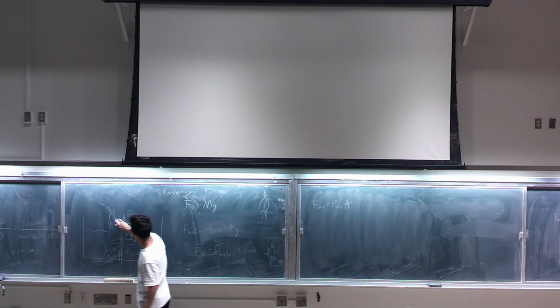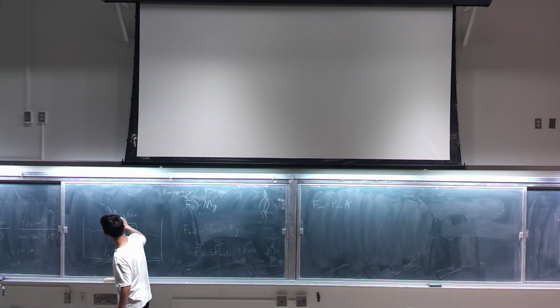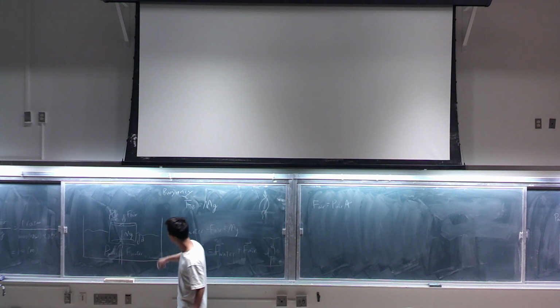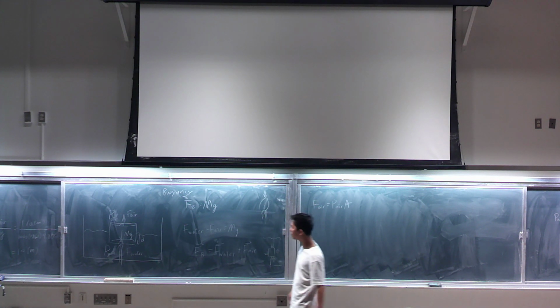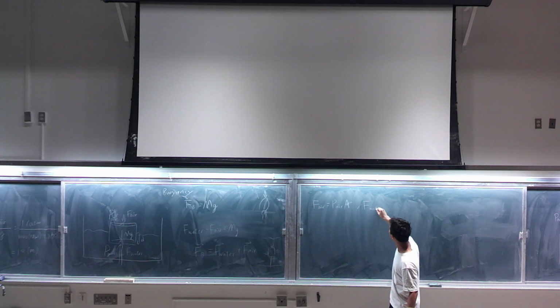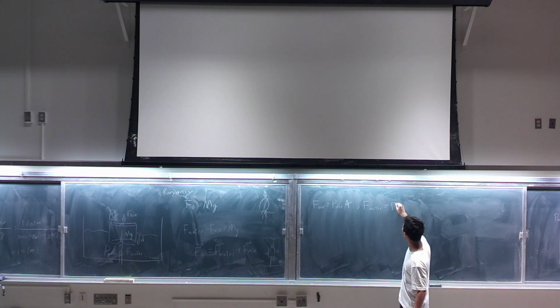This is P air. This is P water. This is the depth that the thing is sinking down there. So force from the air is pressure times area, same as force from the water is pressure times area.